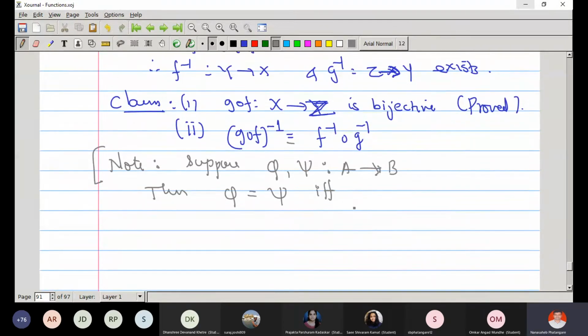When we say that two functions are identically equal, we have discussed this already. If they are subsets of each other. Phi and psi are functions. Okay, you are confused with phi. So let me use some different notations. What notation should I use here?